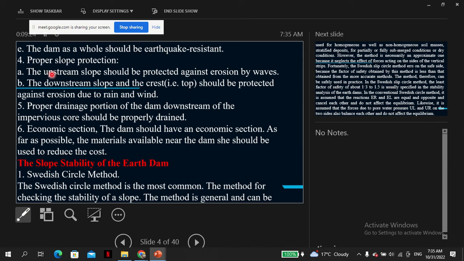Number 4, proper slope protection. The upstream slope should be protected against erosion by the waves, of course. The waves have a lot of energy, so that energy needs to be dissipated conveniently, such that the upslope is not eroded.